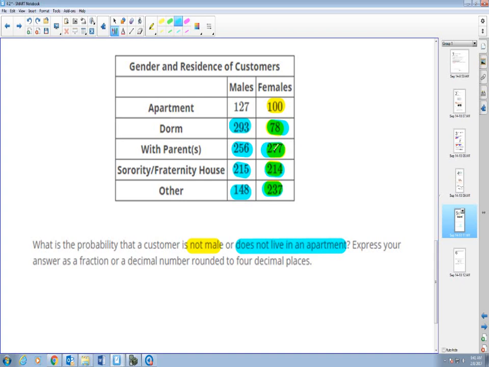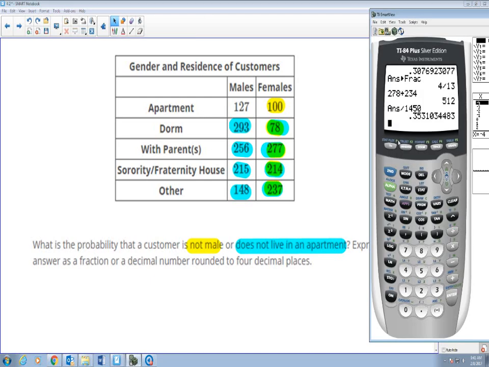Since I know these four numbers will be counted twice, I'm only going to count them one time. I have an overlapping outcome right here, so I knew ahead of time I have a common outcome. When I add up my first event and the second event, I'm not going to count these four numbers twice, just one time.